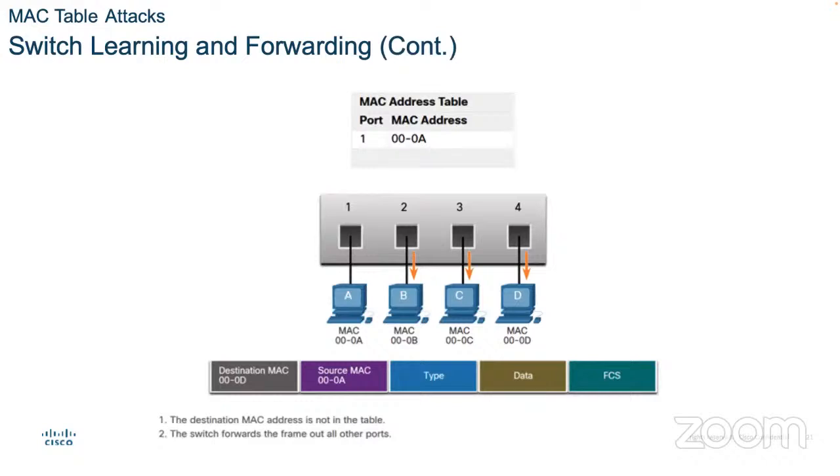If a destination MAC address is unicast, the switch will look for a match between the destination MAC address of the frame and an entry in the MAC address table. If the destination MAC address is in the table, it'll forward the frame out through a specific port. If the address is not in the table, it will forward the frame to all ports except the incoming port.